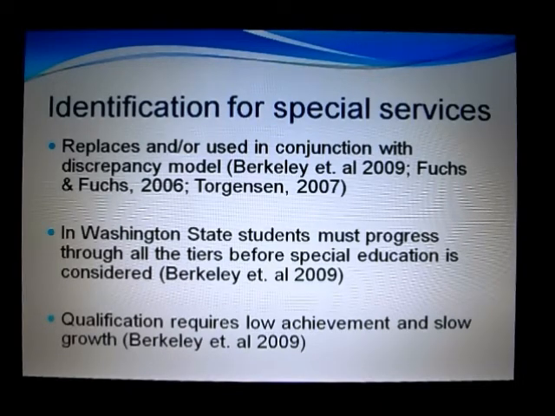You can also, in Washington State, students are monitored, and the OSPI recommends that districts use this diagnostic model that requires students to progress through all the tiers before special education is considered. So in some states, like I think it's Ohio, a student who's in a response to intervention model can be referred for special education in Tier 2.